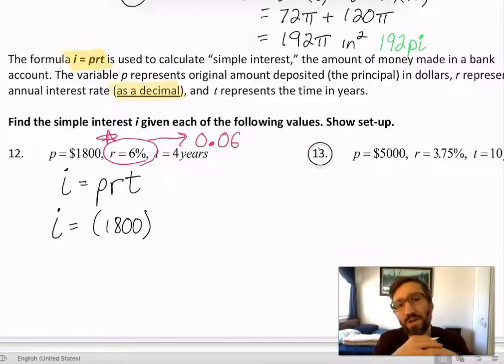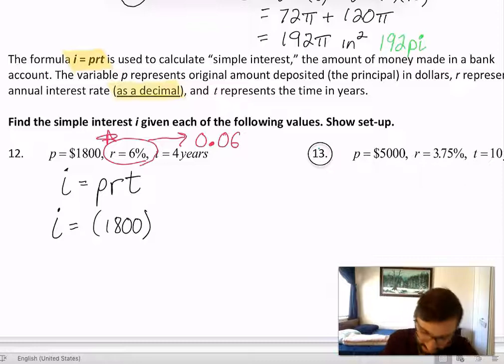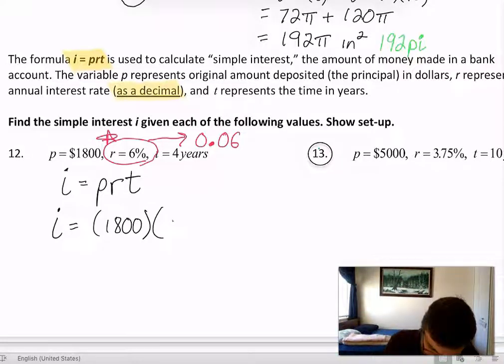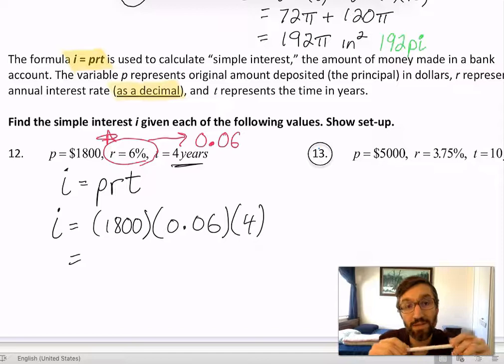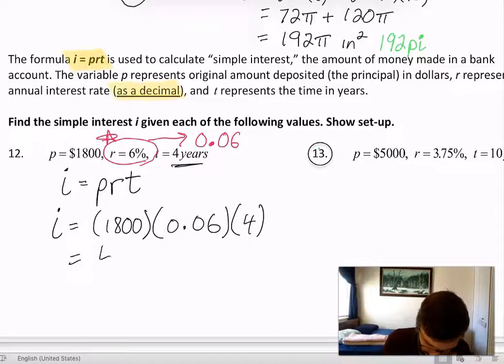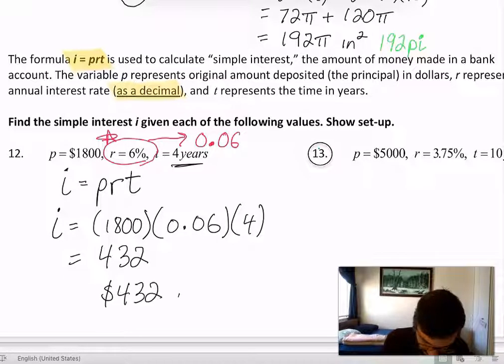A lot of students want to call that 0.6, but 0.6 would be 60% interest. So 0.06 is what we need. So we would have that right here, 0.06. And then the time in years is 4 years. And then we would use our calculator to calculate that. So the answer I got was 432, which would represent $432.